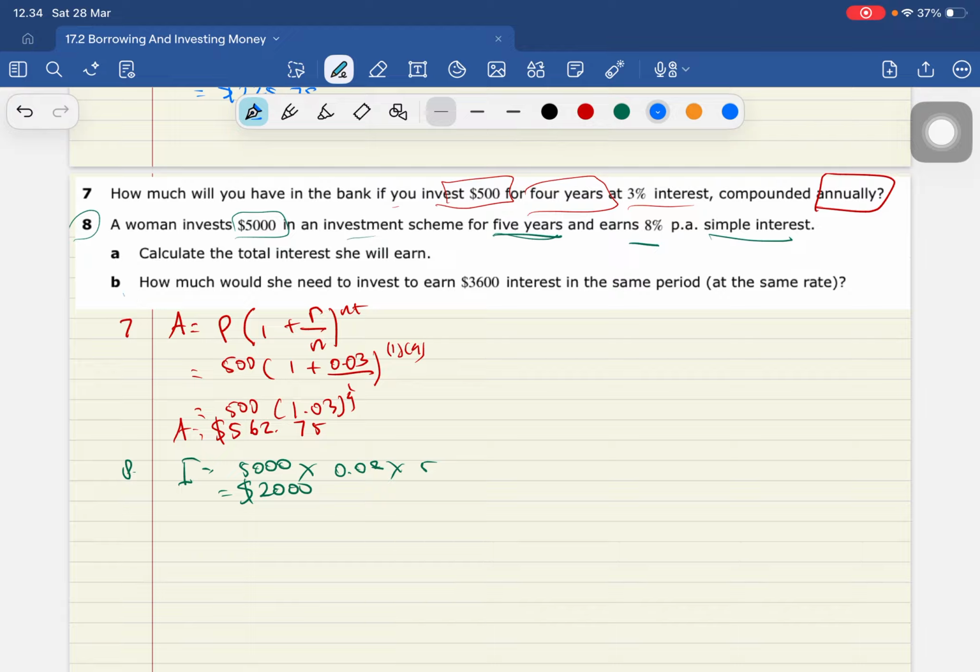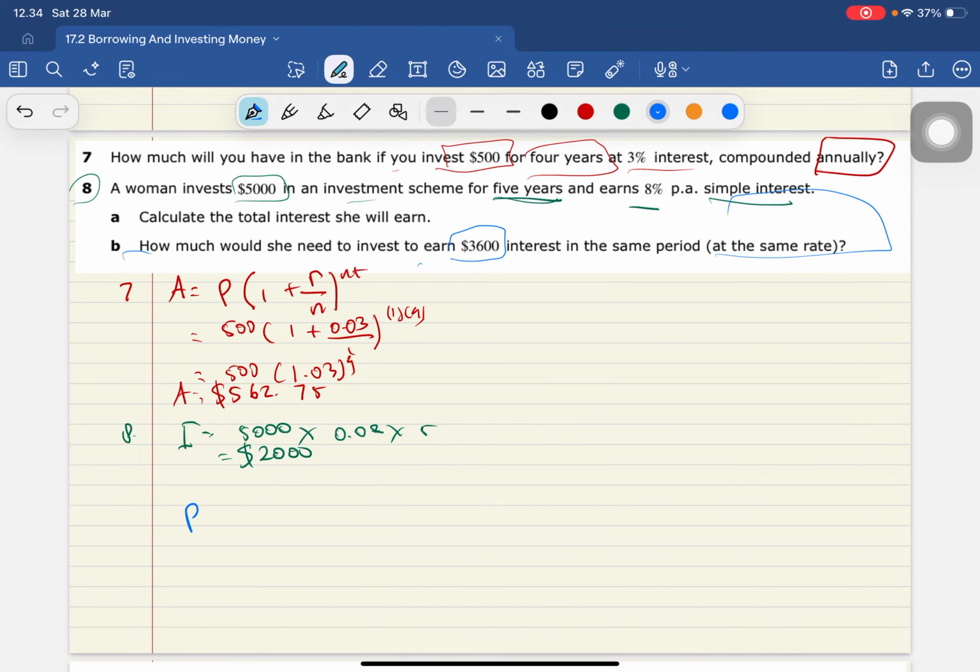Okay, next, how much would she need to invest to earn 3,600 interest in the same period and at the same rate? So we can just make it P, the initial money that we have to invest, equal to the interest divided by the rate times the length. The interest they would like to make is 3,600.